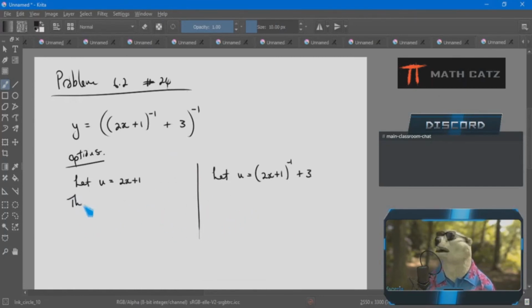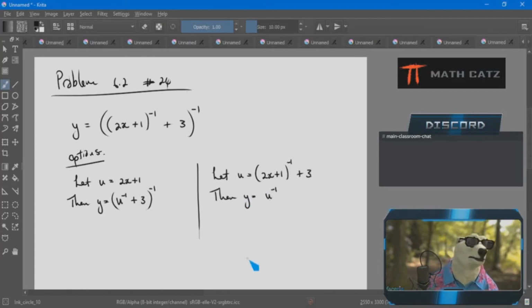In the first case, then y is going to be u to the -1 plus 3, all to the -1. Even if I make that a fraction, it doesn't actually matter too much. In the second option, y is going to be u to the -1.